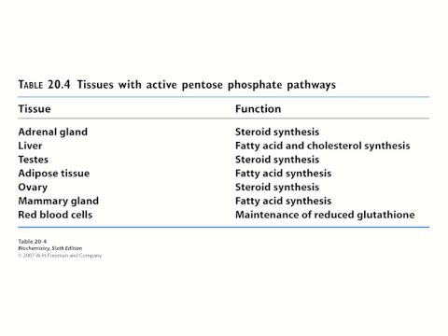The liver produces a sterol, cholesterol. In addition, some of these tissues produce fatty acids, and the production of fatty acids requires NADPH. In addition, red blood cells rely on the production of NADPH for the maintenance of reduced glutathione.